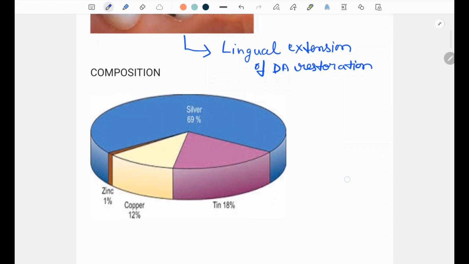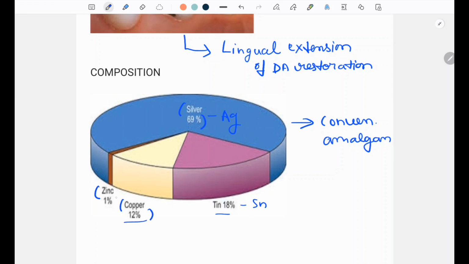Coming to the composition, this is just to briefly tell about the composition. This tells about the conventional amalgam: silver 69 percentage, tin 18 percentage, copper 12 percentage, zinc 1 percentage.